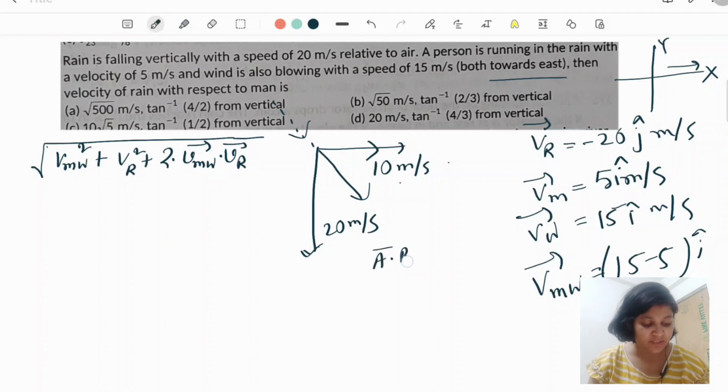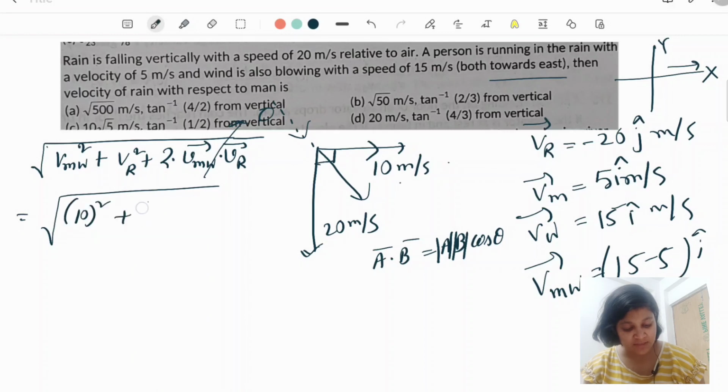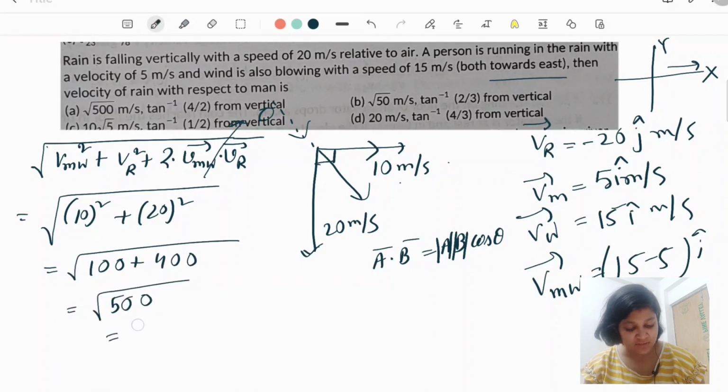We know that A dot B is equal to the modulus of A modulus of B, or the value of A value of B, multiplied by cos of the angle between them. Here the angle between these two vectors is 90 degree and cos 90 degree is 0. So this term will cancel out. So we are left with 10 square plus 20 square, or 100 plus 400, root over 500, which is 10 root 5.